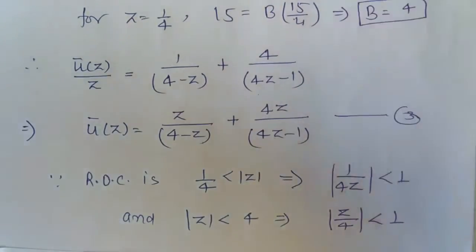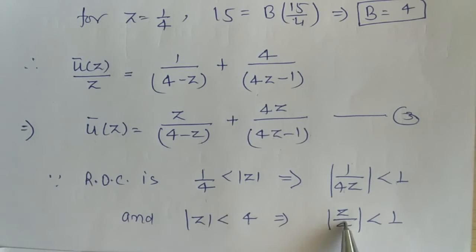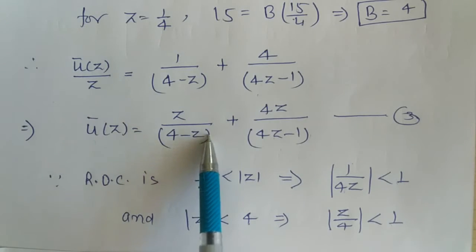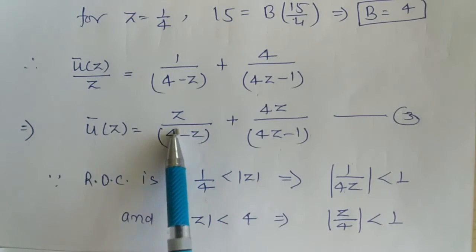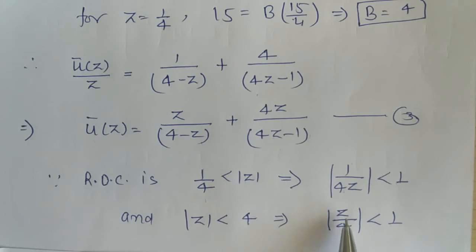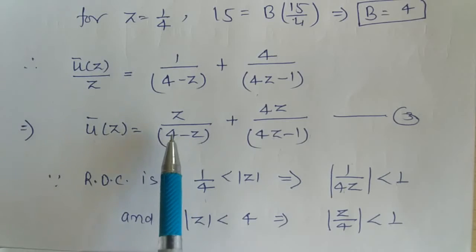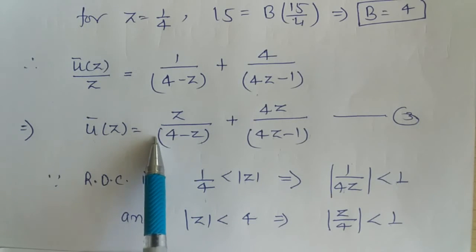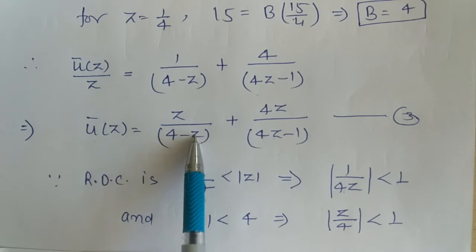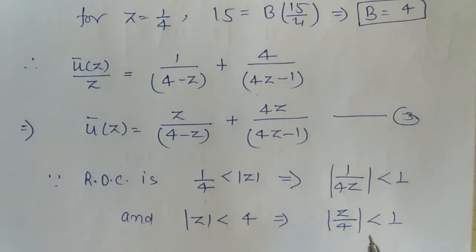Further, the region of convergence is mod z is less than 4, which gives mod z by 4 is less than 1. So we have to expand this expression using the binomial theorem in terms of z by 4, and therefore we take 4 common from the denominator, then we get 1 minus z by 4.